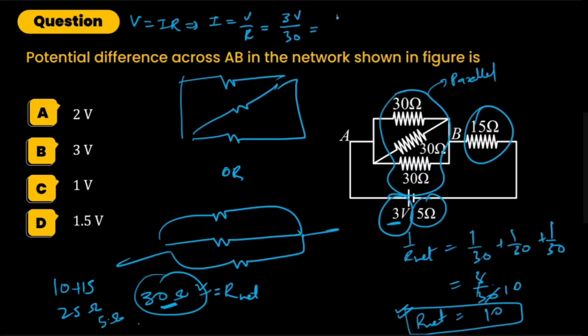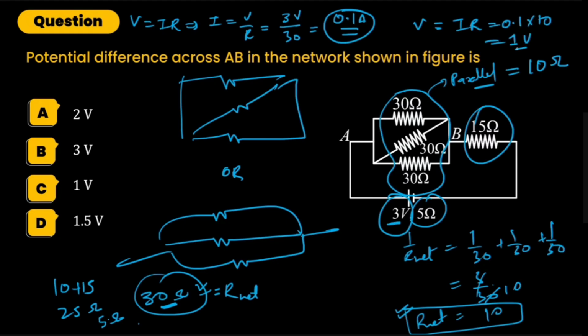So current is going to be 0.1 ampere only. And we know that the net resistance of this part is 10 ohm. So potential across this is I times R, 0.1 times 10. That is 1 volt only. So this is our answer.